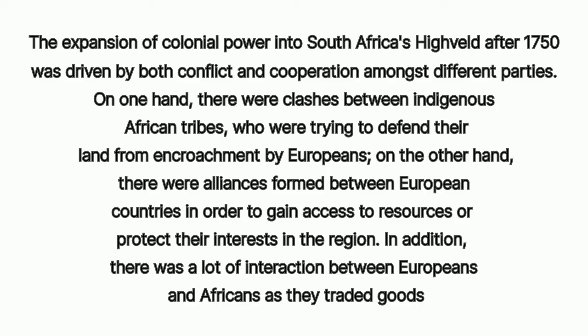This is what happened in 1750 also. On the other hand, there were alliances formed between European countries in order to gain access to resources or protect their interests in the region. In addition, there was a lot of interaction between Europeans and Africans as they traded goods, especially in South Africa. And I'm sure we all know the story of the mirror and the cow.